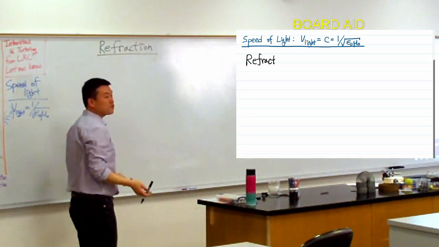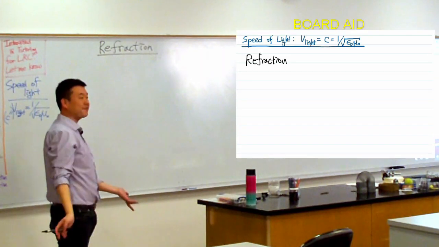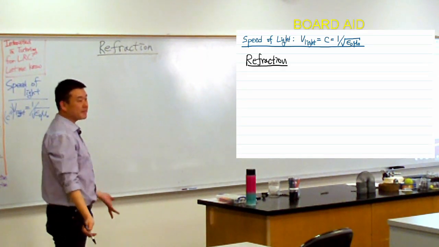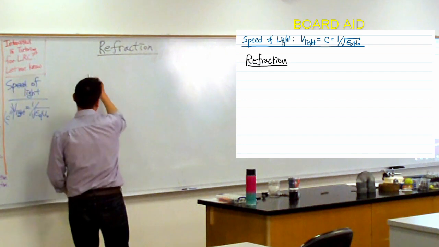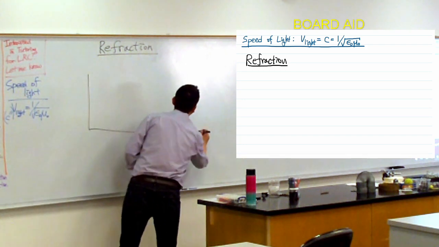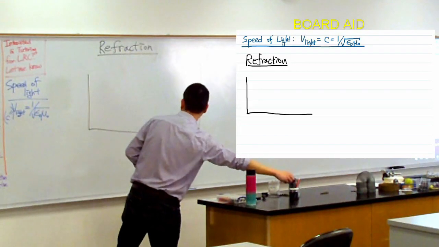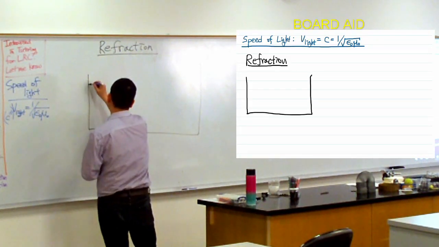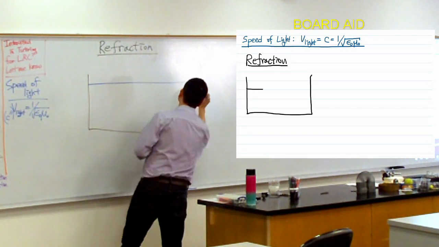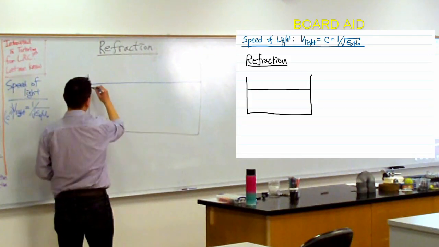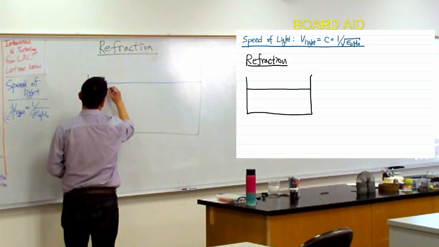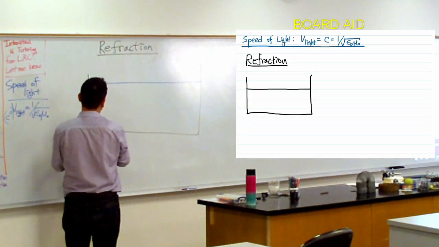So the situation you have to imagine, that I actually have a demo for but I don't, is imagine that I have a tank of water. You are looking at the tank from the side, and it's filled with water. So here's the boundary between air and water. Below here is water, and above here is air.